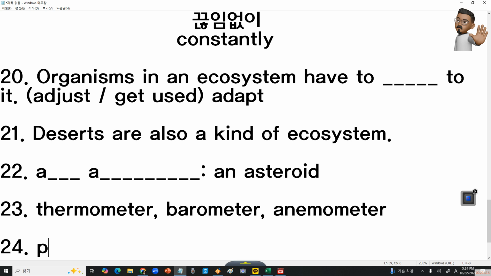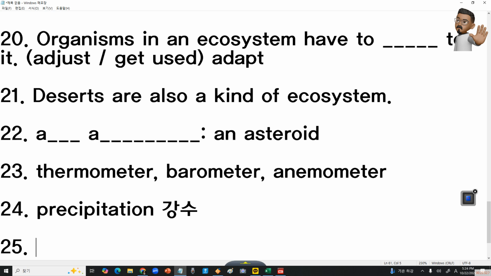Precipitation. Yes. Everybody, write it down. Precipitation. All right.